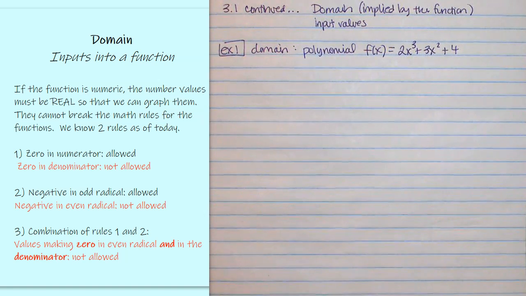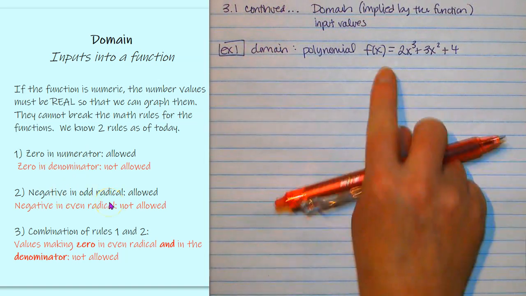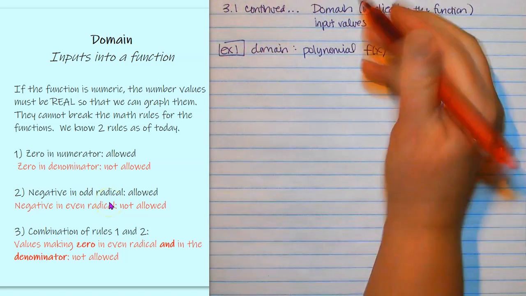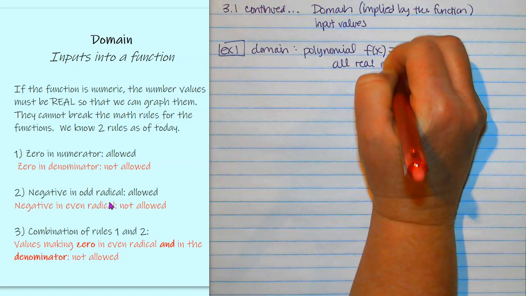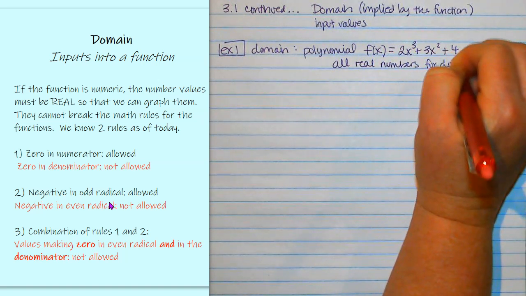So this doesn't have, over here in our 2 things that are allowed or not allowed, a numerator denominator. It's not a fraction. And number 2, it doesn't have any radicals. So this being a polynomial function with positive exponents is all real numbers for domain. So what does that mean?